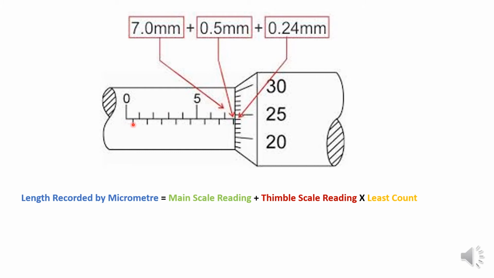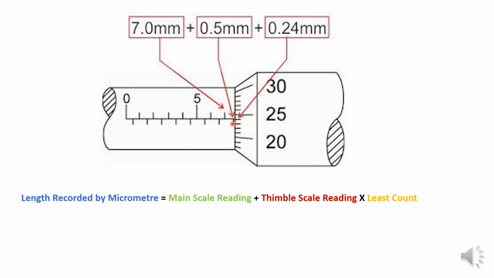Similarly, on the downside, it will be 0.5 mm, 1 mm, 1.5 mm, 2 mm, 2.5 mm, 3 mm, 3.5 mm, 4 mm, 4.5 mm and 5 mm.